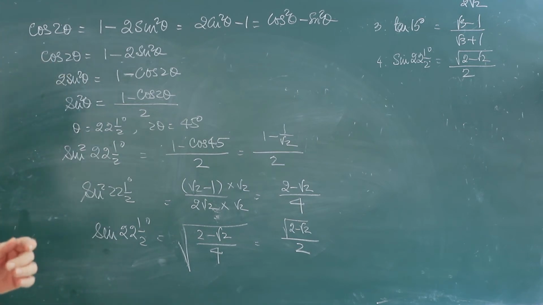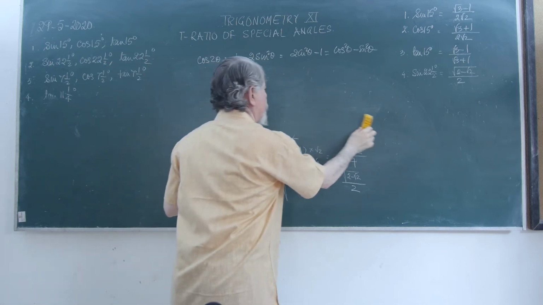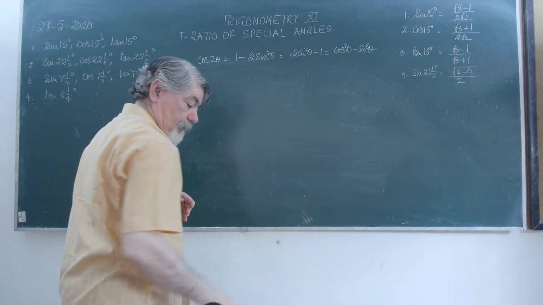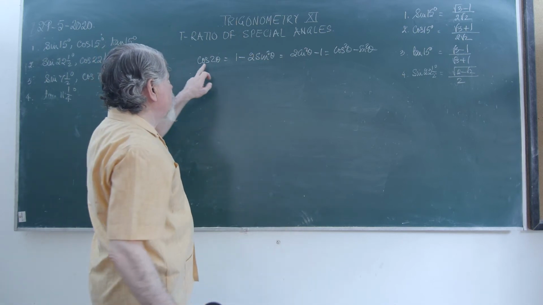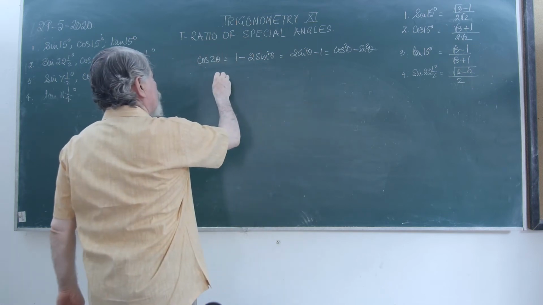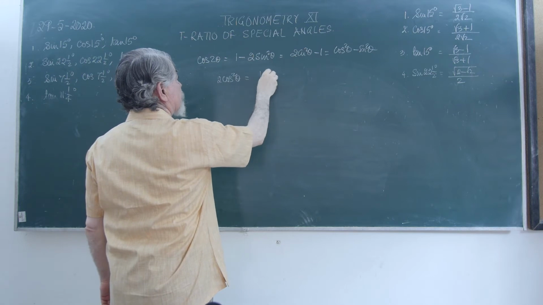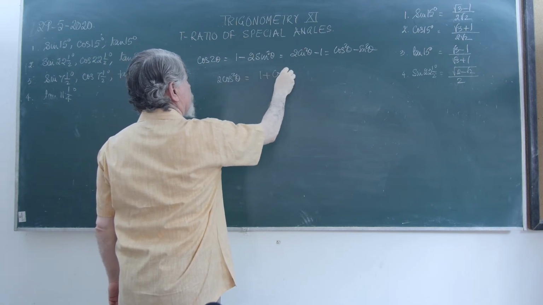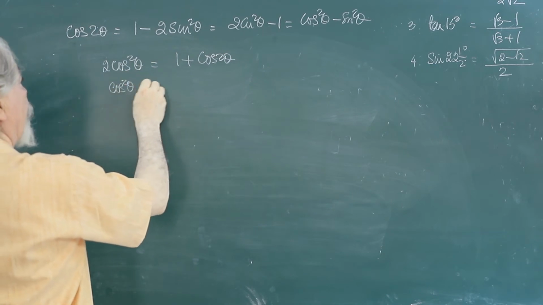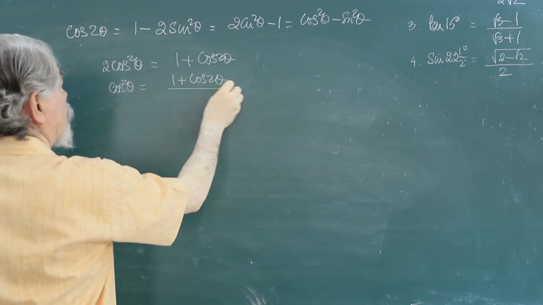Now let us calculate the value of cos. We know that cos 2 theta is 2 cos square theta minus 1, or 2 cos square theta will be 1 plus cos 2 theta, or cos square theta will be 1 plus cos 2 theta upon 2.